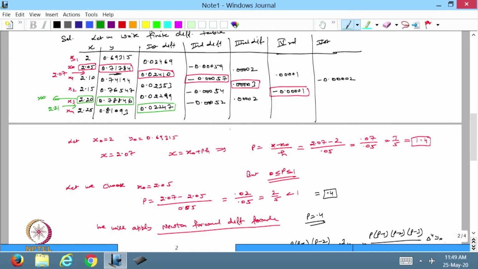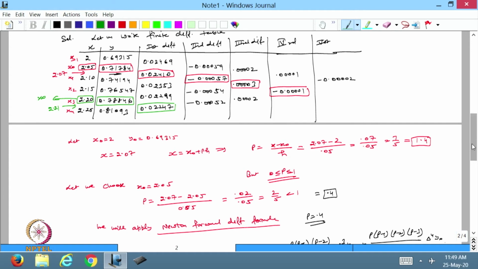So, if I apply the same Newton forward to approximate the value 2.21, I will be using only two values, this and this. So, the approximation will not be good, because I am using only two values.